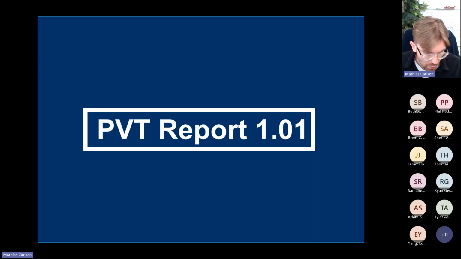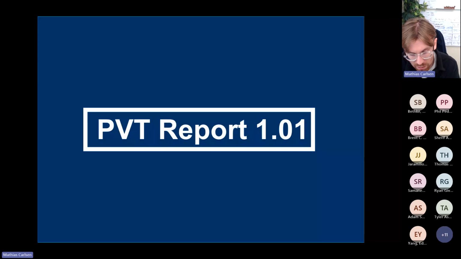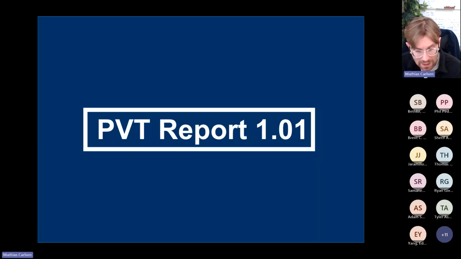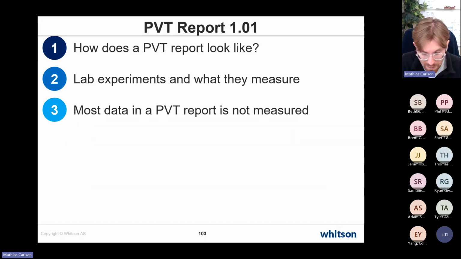Before we go into the PVT models themselves, we need to learn a couple of things about PVT reports. We're going to go through a crash course on a PVT report. What does a PVT report look like? What lab experiments are in a PVT report? What data in the PVT report is actually measured versus calculated?